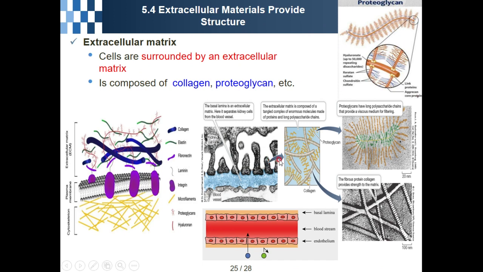If we magnify this region, we can find lots of collagen. Collagen is like this, and also proteoglycan. Proteoglycan is composed of protein and carbohydrate. We call it proteoglycans. So they are mainly composed of collagen and proteoglycan.